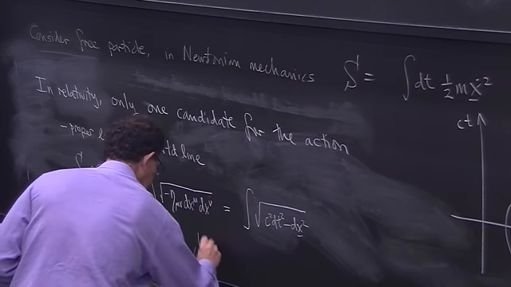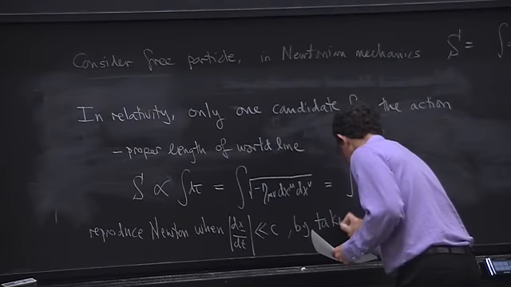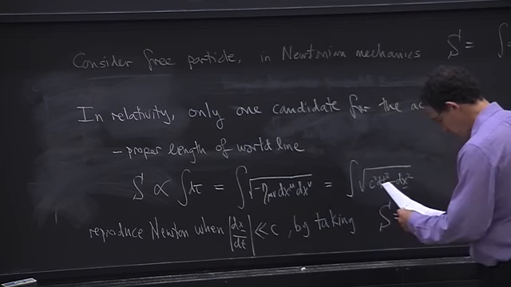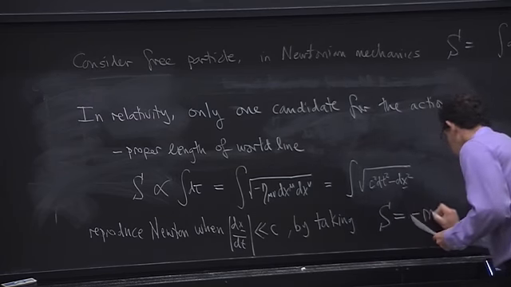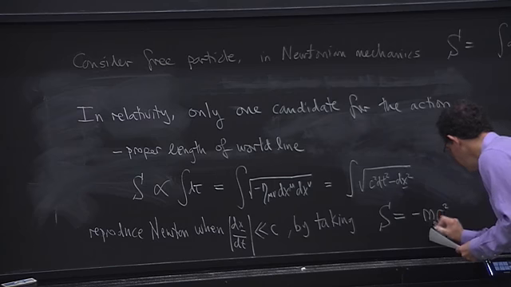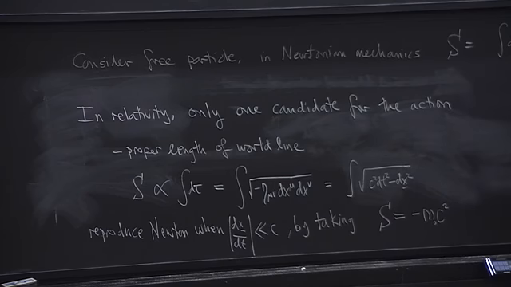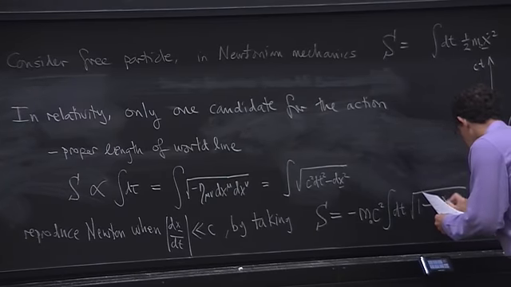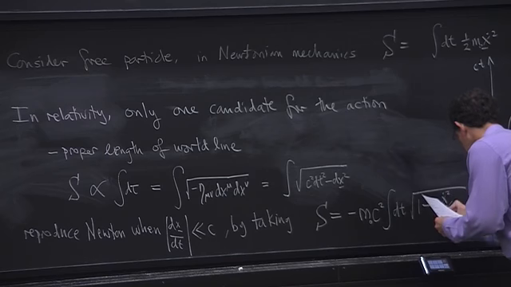We will reproduce Newton by taking S to be equal to minus m c squared. I'm going to put an m naught just to make sure that this is the rest mass. It's just a constant. It doesn't depend on the velocity. C squared integral dt square root of 1 minus x dot squared over c squared.